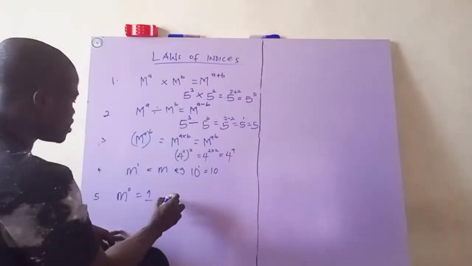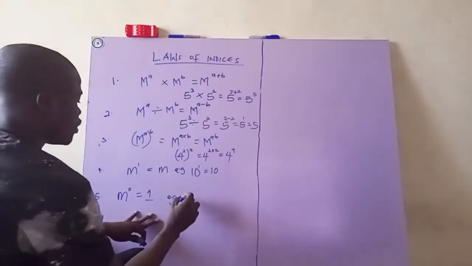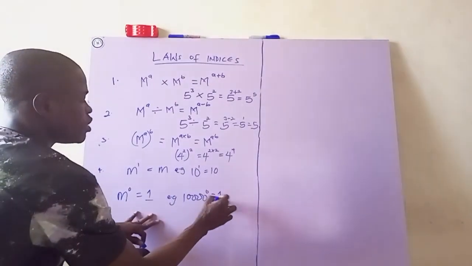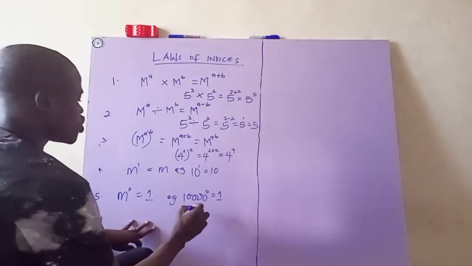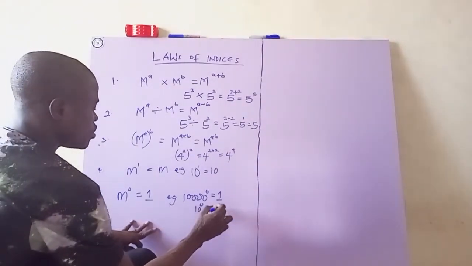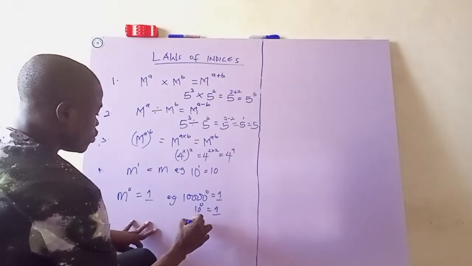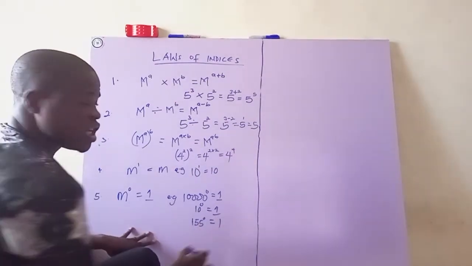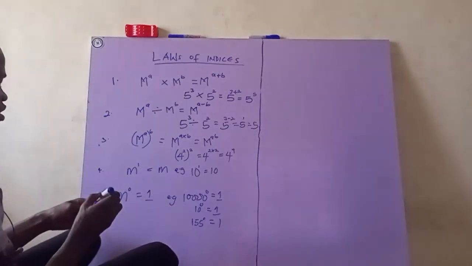This means, for example, if I have 10000 raised power 0, it is still 1, according to the law of indices. So 10 raised power 0 is still 1. 155 raised power 0 is still 1, according to the law of indices.